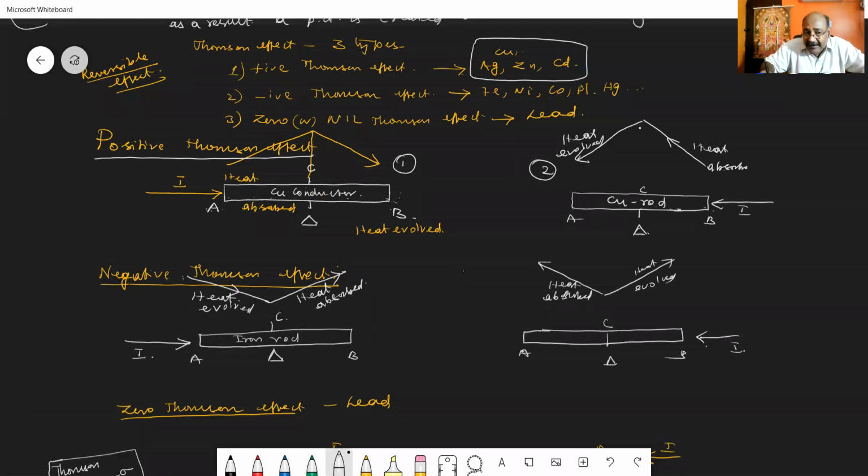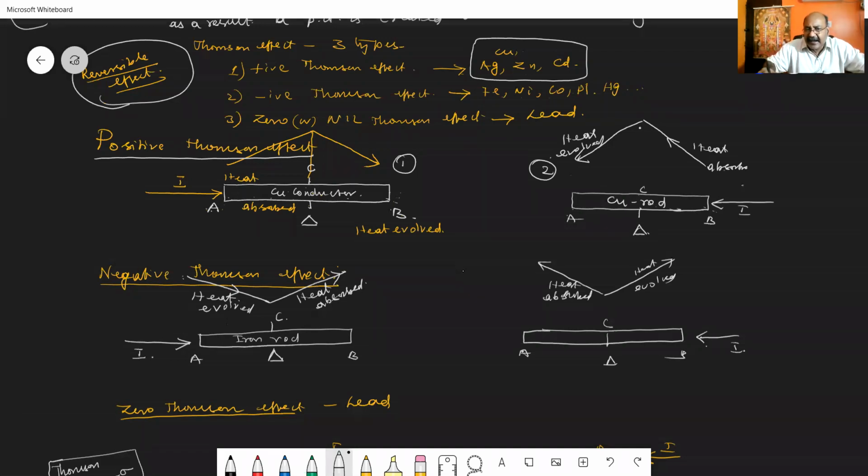But if the current in that copper conductor is reversed, that is, made to flow from B to A, then from B to C heat energy is absorbed, and from C to A heat energy is evolved. So when you change the direction of current, the absorption and evolution of heat energy in the conductor also get reversed. So we can say the Thomson effect is a reversible effect.